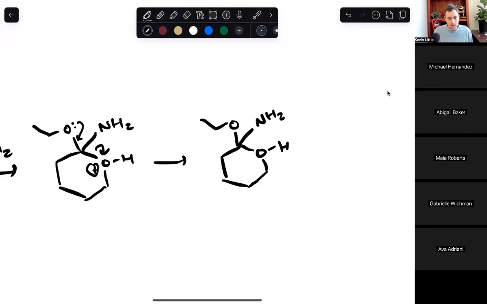This is why we practice arrow pushing so much. This oxygen forms a double bond with that carbon and gets a positive charge because it lost electrons. This bond breaks, not all those bonds, but that bond breaks, and this positively charged oxygen becomes neutral. Nothing else changes about this molecule.